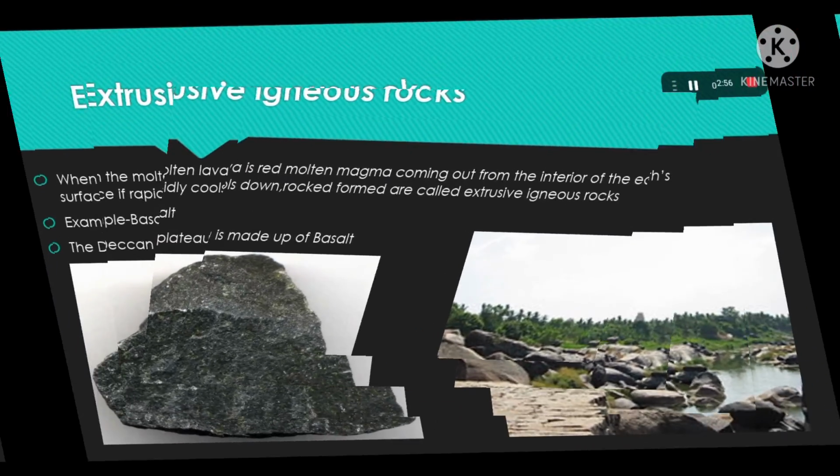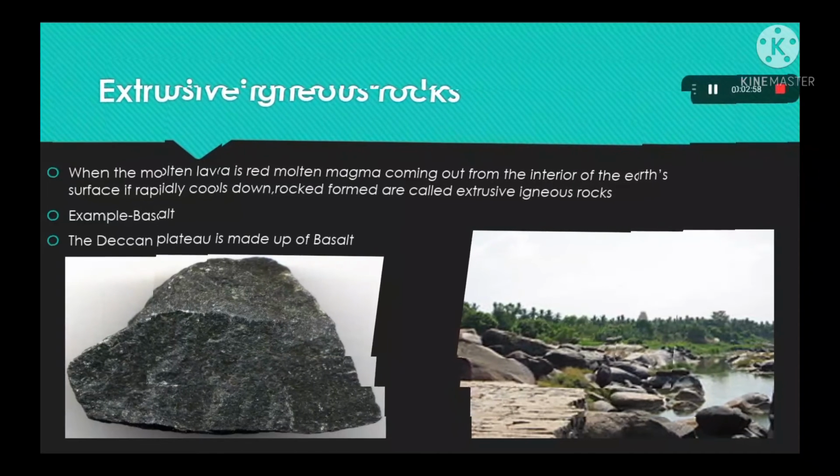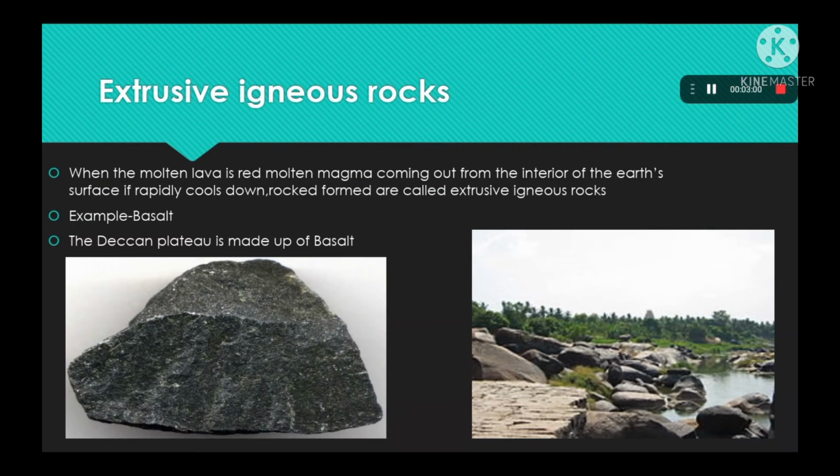When volcano lava comes out, it is red. Molten magma comes out from the interior to the earth's surface.